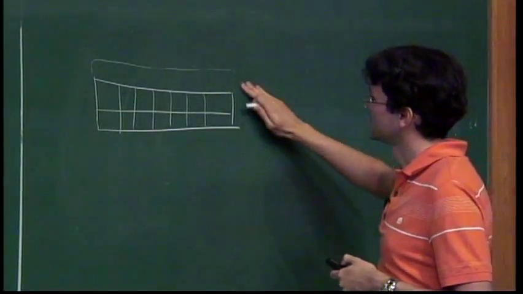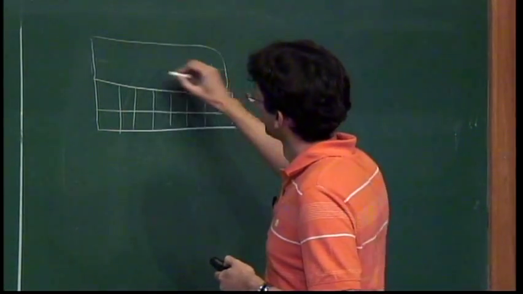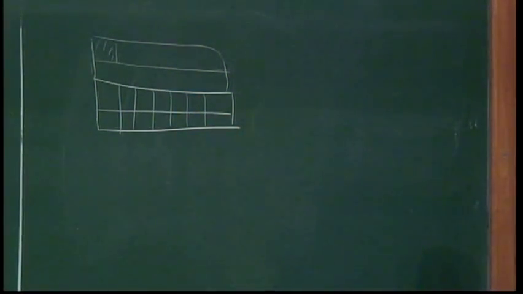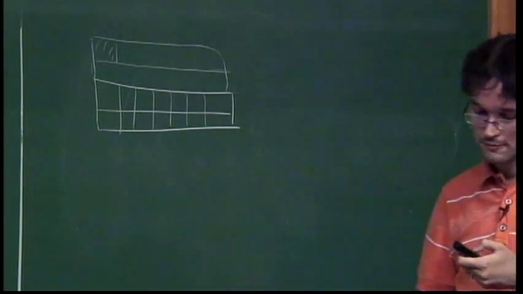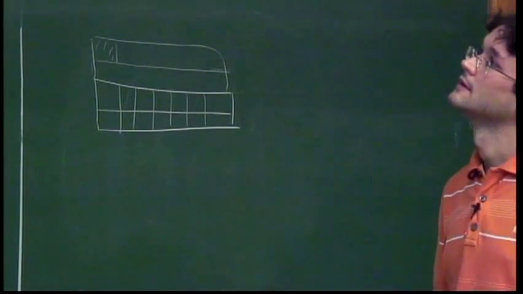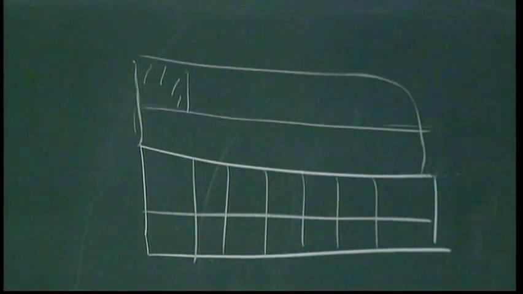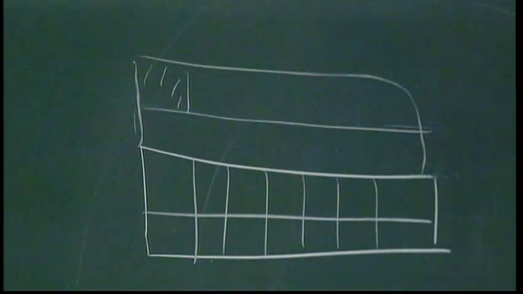Or I can add a vertex there, and then it grows to a 4 by k, or it grows in one of those 7 directions. In each direction, I gain something by growing, and what I gain depends on the size of the rectangle that I used to be and the direction in which I'm growing. That's exactly what the recursion is saying.